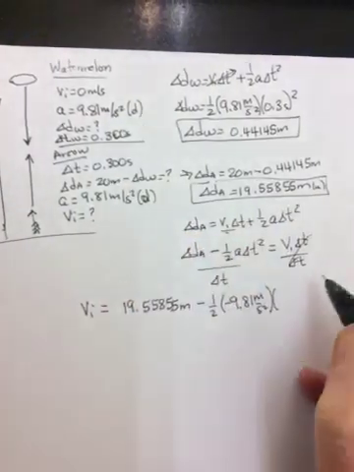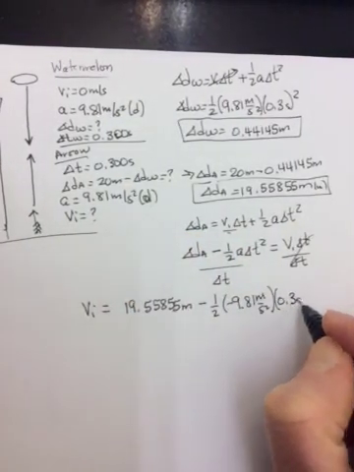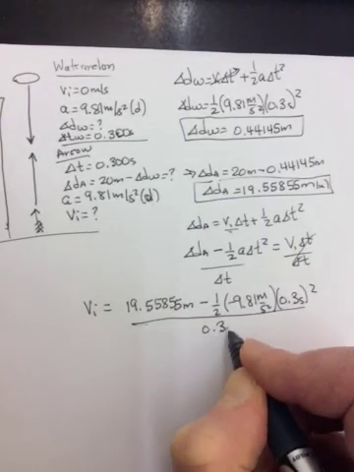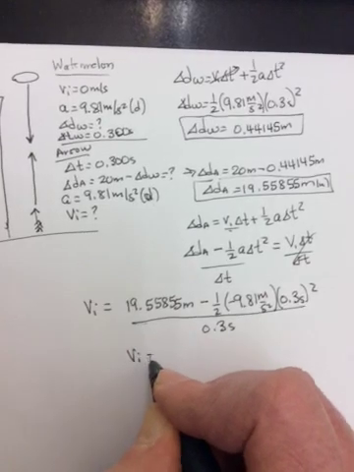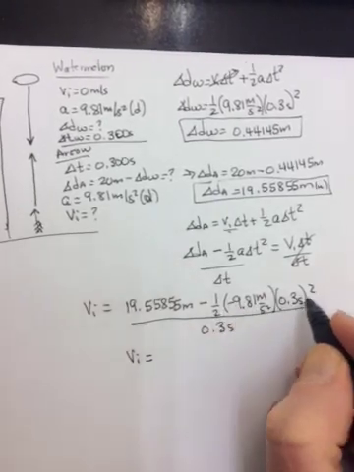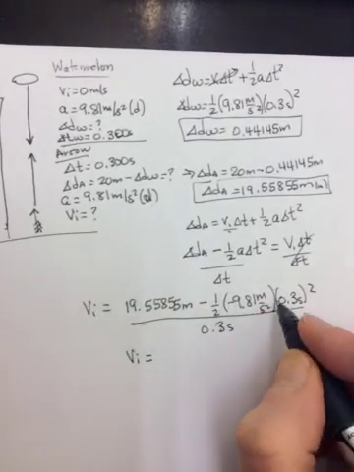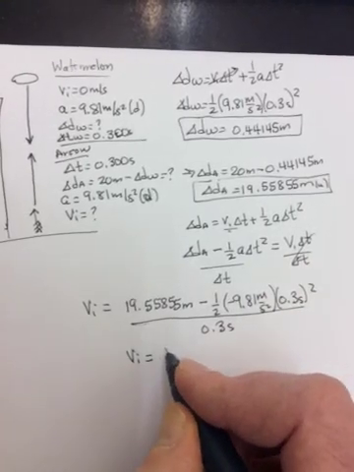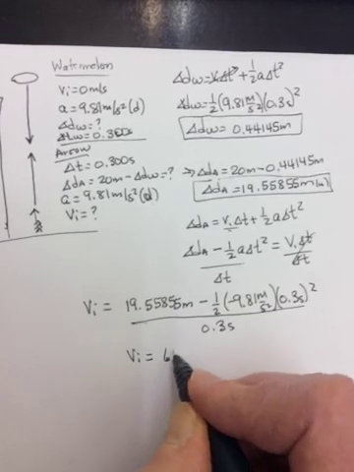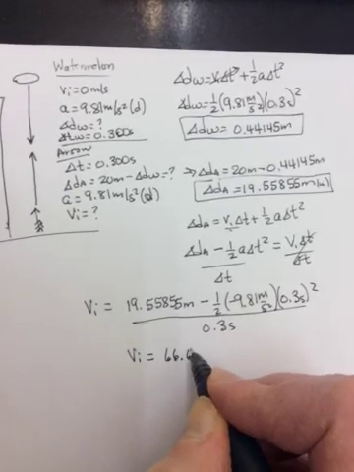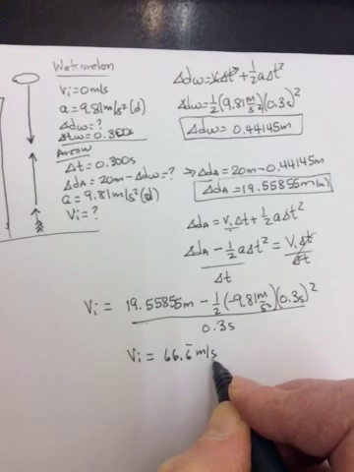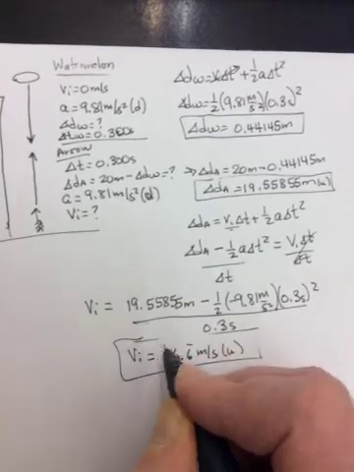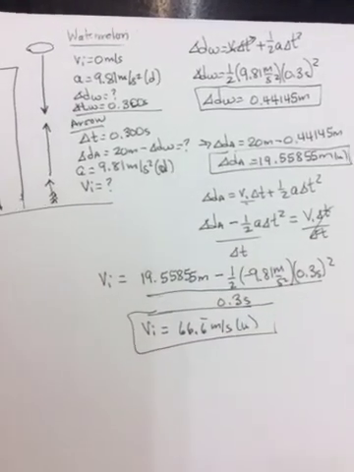Delta T is 0.3 of a second squared, and then all of that gets divided by 0.3 of a second. VI should end up equaling, I think on the top, you have a minus and a minus, you get a plus. And so it ends up being 20 over 0.3, or 66.6 repeating meters per second, which works out to be positive, which means up. Okay, so that's it for number 8.